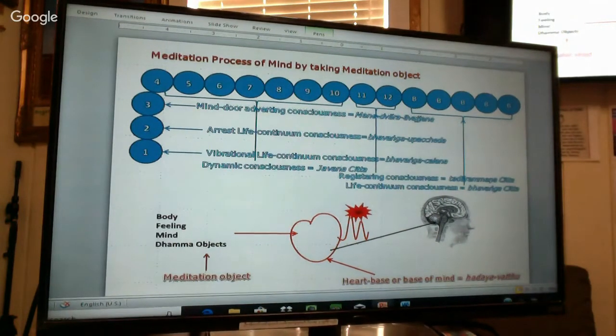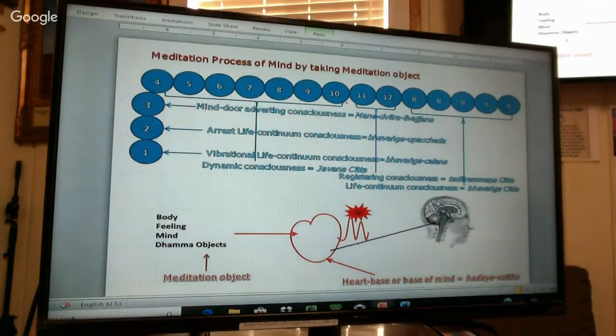So here, just in your mind, a vibration happens like continuing consciousness arising, and after that mind-door adverting consciousness, and then seven jhana. That jhana is fine-material sphere wholesome consciousness, seven times.